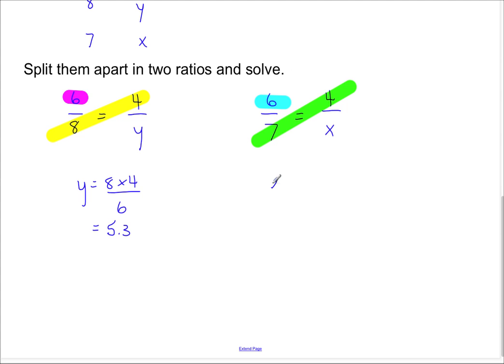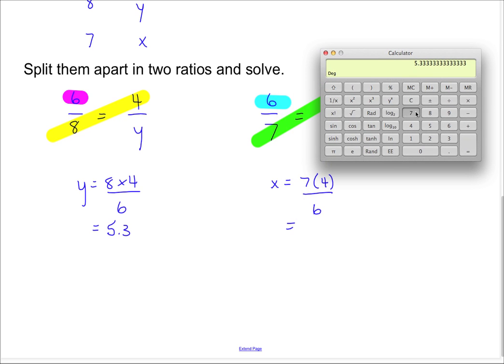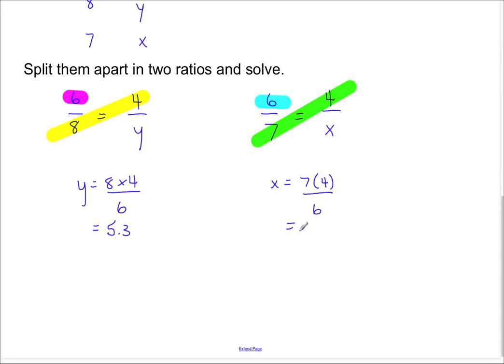And over here, our x is going to be 7 times 4 divided by 6. Now notice I used a different notation here. I used the times sign here, and here I just used brackets. You need to get used to that because you're going to see that from time to time. So 7 times 4 divided by 6 is about 4.7, if we're rounding.